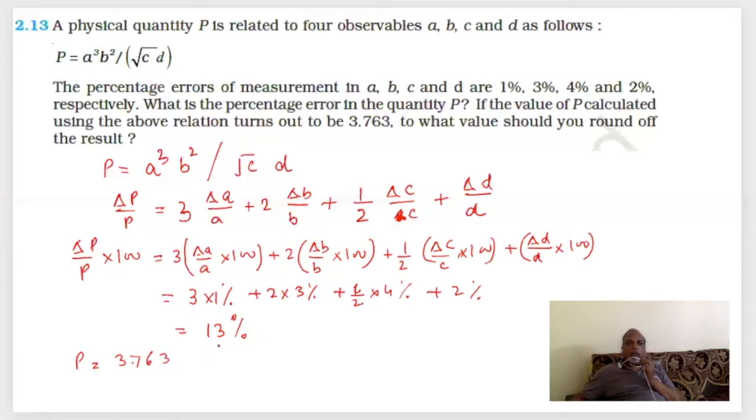So here you see it is 13%, and your least percentage is basically 2%, and that shows it may go only up to 1 decimal place. So we have to round it off to 1 decimal place. This will be our answer.